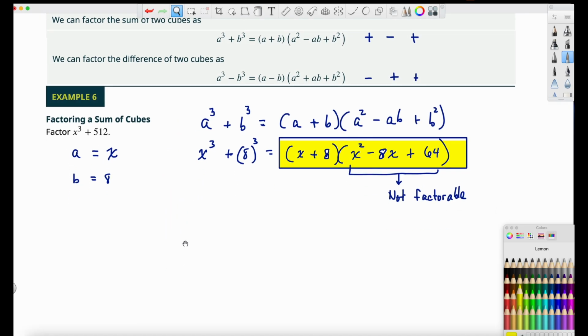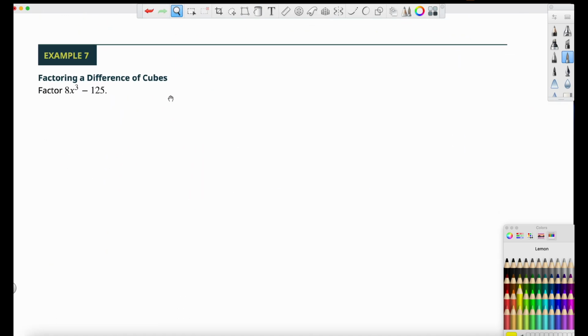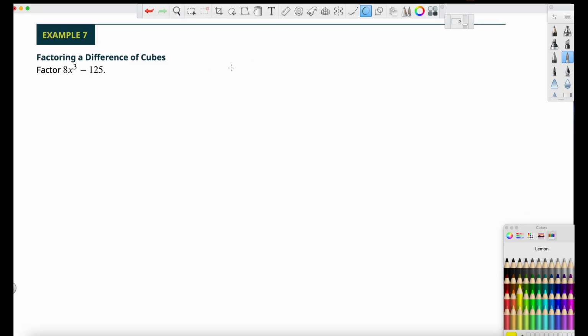Let's have a look at the difference of cubes. All right, so the difference of cubes, we've got a cubed minus b cubed, and our formula, now remember before what I said, it's minus plus plus.